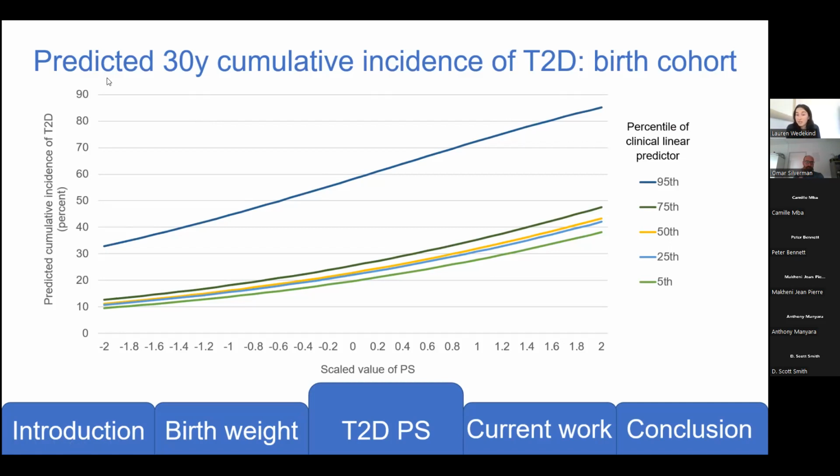What I want you to see is that overall you see a consistent increase in each of those curves by color as we go from low to high with respect to the scaled value of the polygenic score. And if you have a clinical linear predictor that's really high in terms of percentile, so your clinical risk is really high already, then that tends to differentiate this one dark blue curve on the y-axis, the percentage of cumulative incidence of type 2 diabetes.